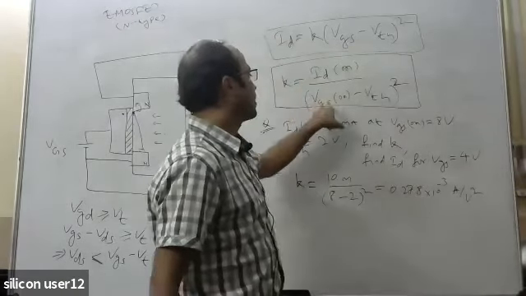So VTH is 1.26 volt. Right. So these are some of the problems we have seen.